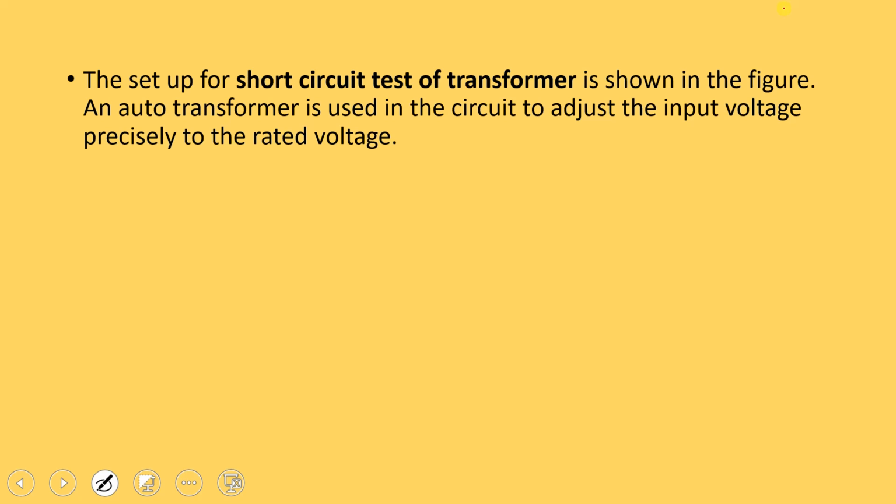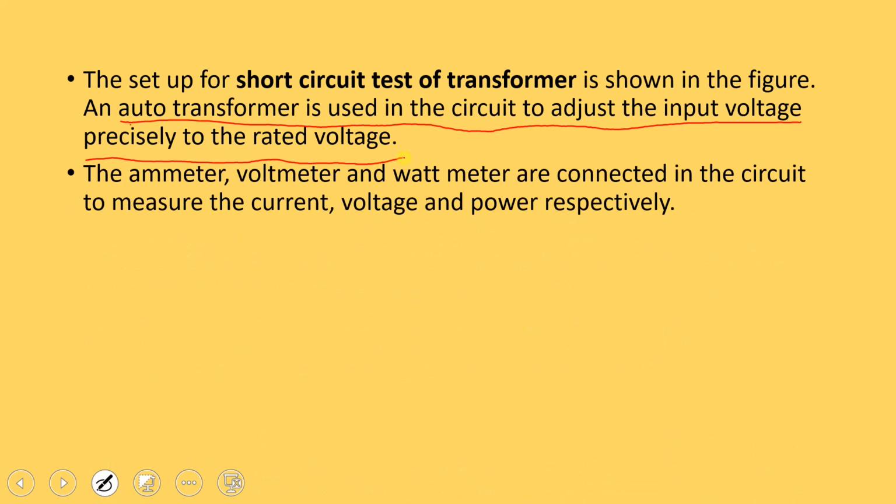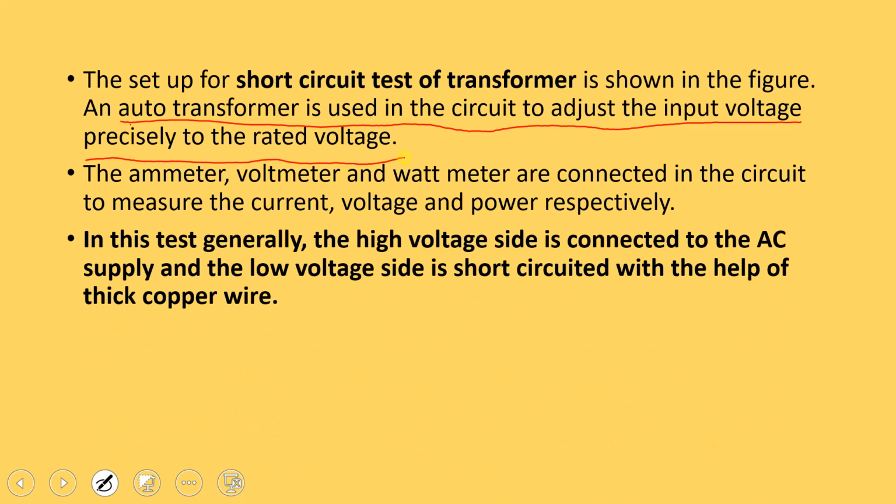An auto transformer is used in the circuit to adjust the input voltage precisely to the rated voltage. Then the ammeter, voltmeter and wattmeter are connected in the circuit to measure current, voltage and power. In this test, generally the high voltage side is connected to the AC supply and the low voltage side is short circuited with the help of a thick copper wire.